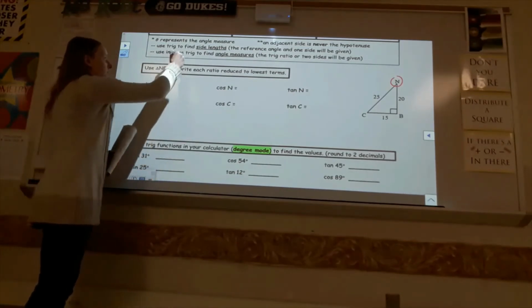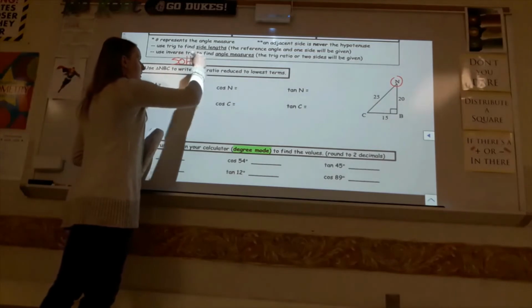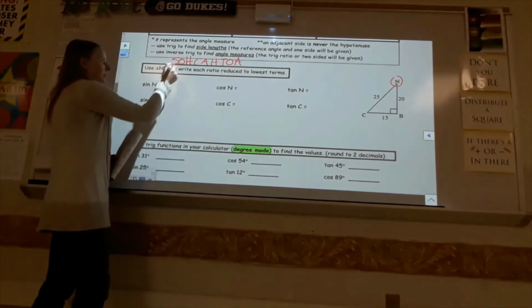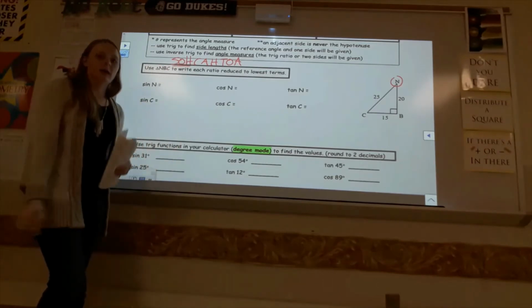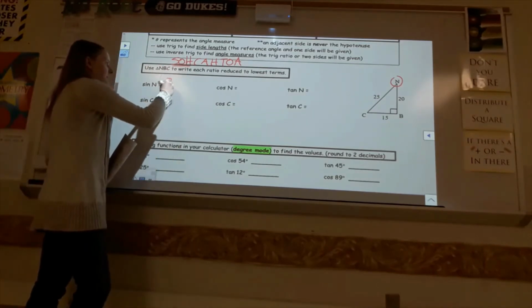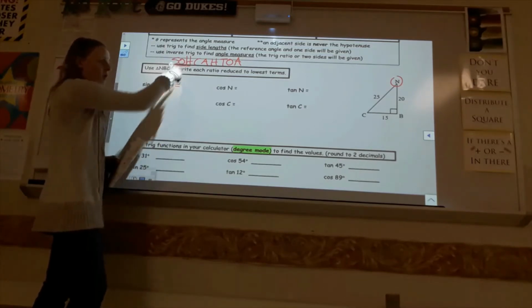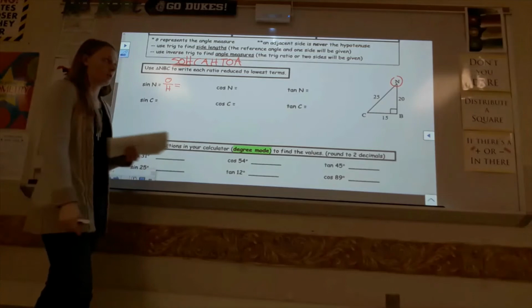So remember SOHCAHTOA. The sine is this first part, the O and the H. I like to write it like this to remind myself: the sine is opposite over hypotenuse. That's what the SO reminds you in the SOHCAHTOA word.